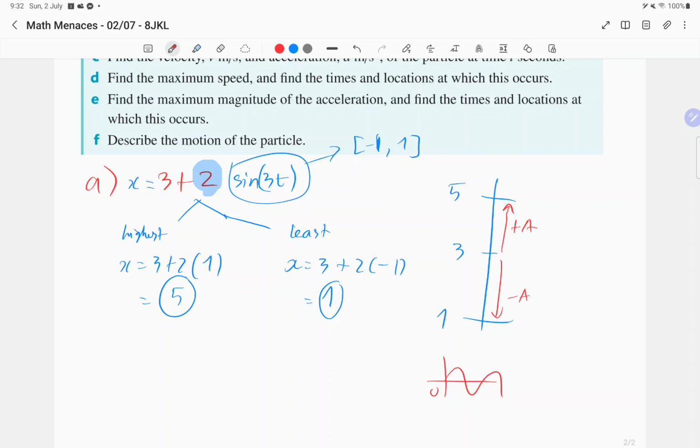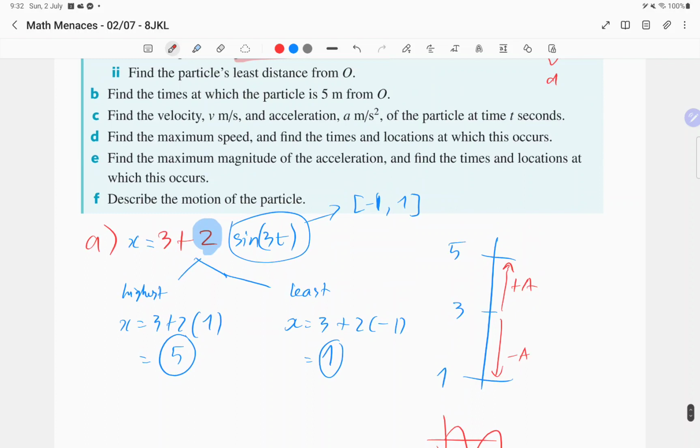How do you know what the least distance from O is? The least distance is the lowest point. But that's not the least distance, because it's still the same distance as 5 is from 3. No. Yes, so you see, this is the function, but this value is the x value, so this is the distance from O. So 1 means 1 meter from O, not from the center of the equation.